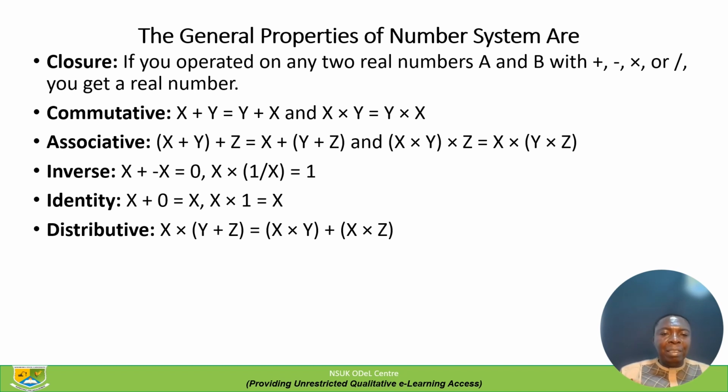So identity: x plus 0 is equal to x, x times 1 is equal to x. So that is identity. Then we have distributive. Say x times, open bracket, y plus z, close the bracket, is equal to x times y, open bracket, close, plus, open bracket, x times z, close the bracket.